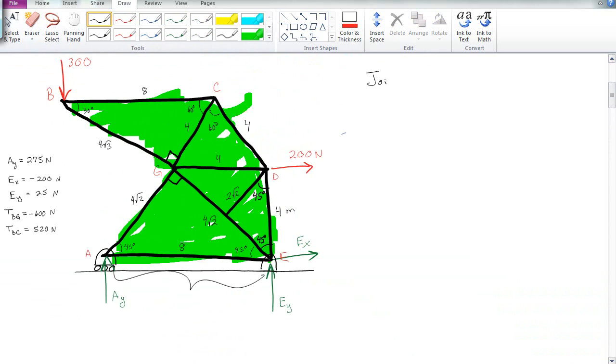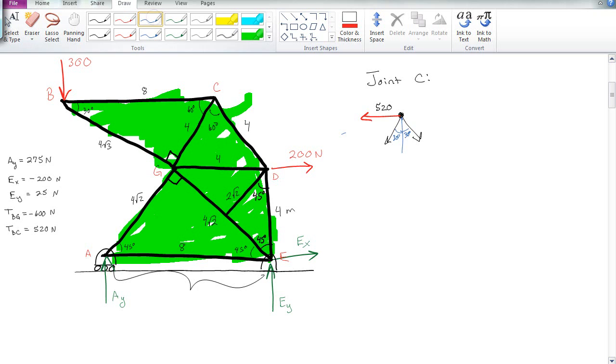So at joint C, I have joint C like this, and off to the left is this tension BC, which I already know is 520. So 520 this way. Then I've got this one and this one, and these are both 30 degrees off to the center.